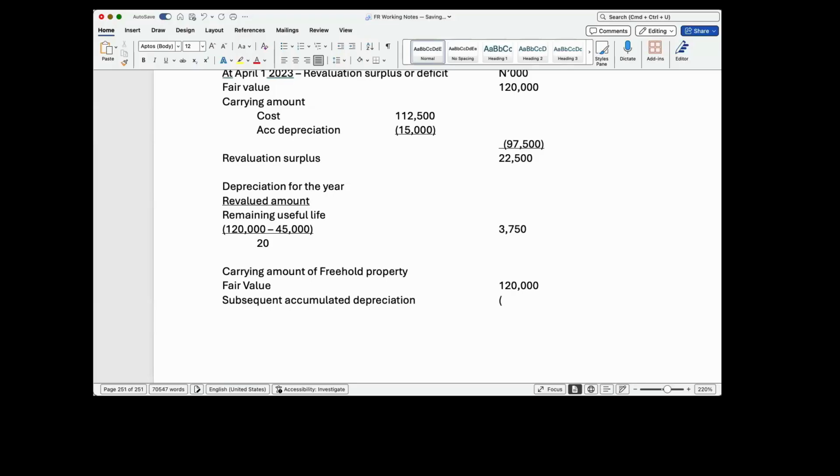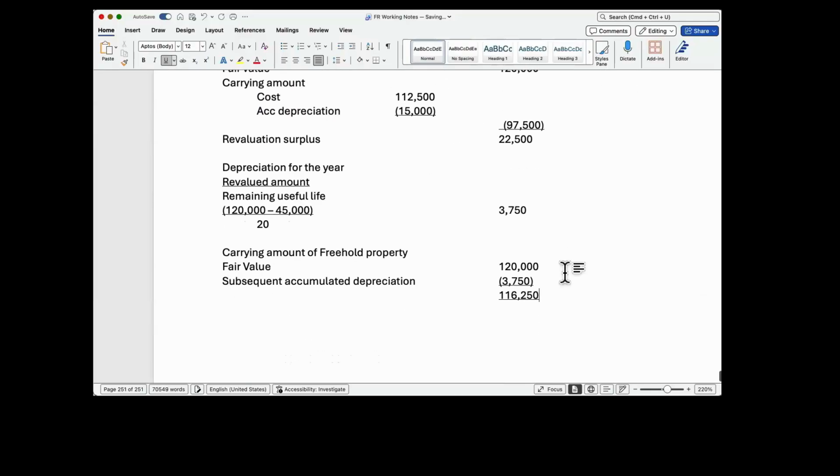It's 3,750. So what's the balance at the end? 116,250. And this is my depreciation and my carrying amount. So I'm done with these assets.